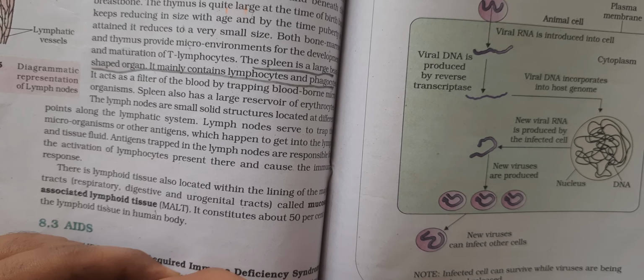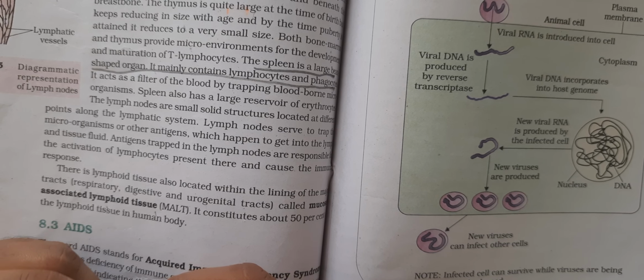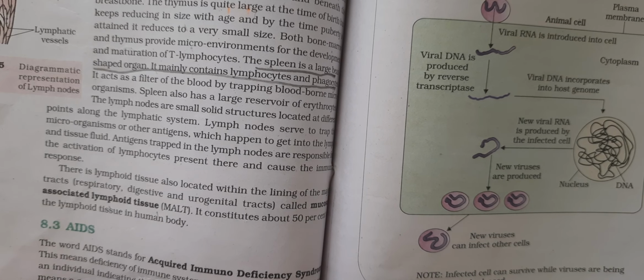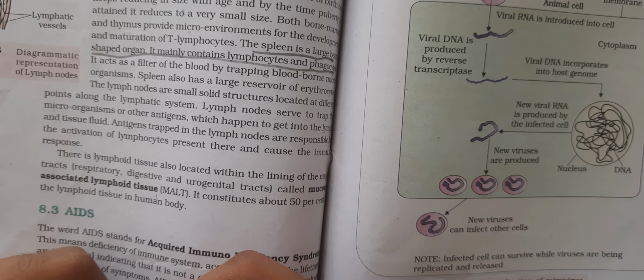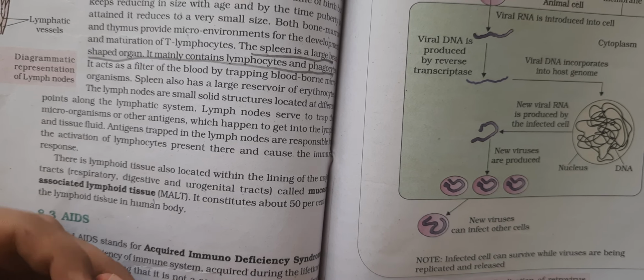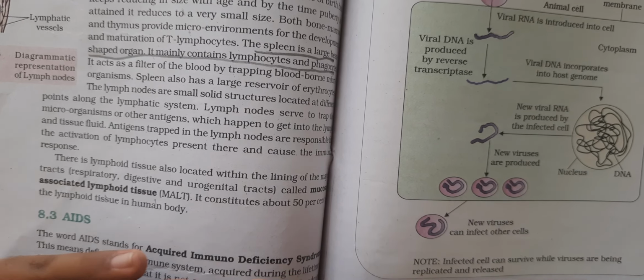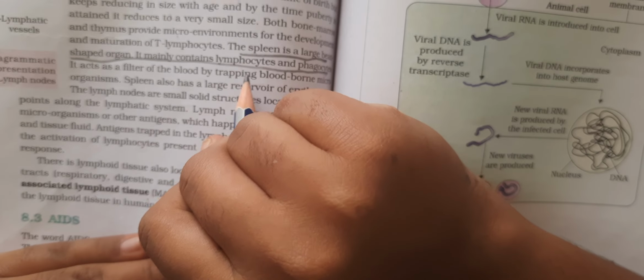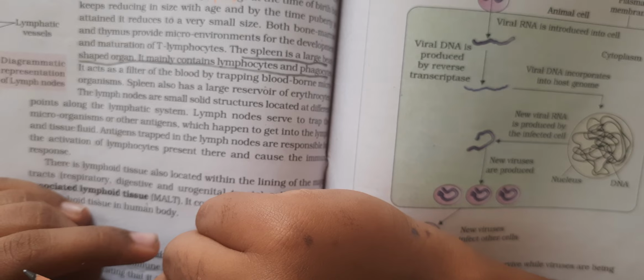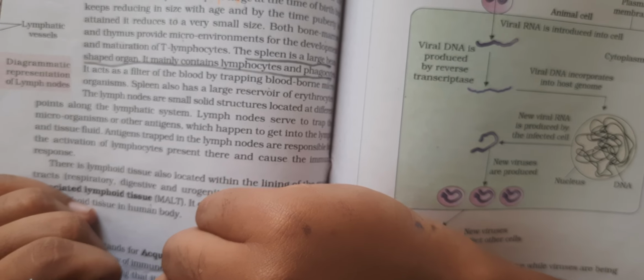Now the spleen is a large bean-shaped organ. Okay, it mainly consists of the lymphocytes and the phagocytes. It's there near the stomach. It acts as a filter of the blood and traps microorganisms.